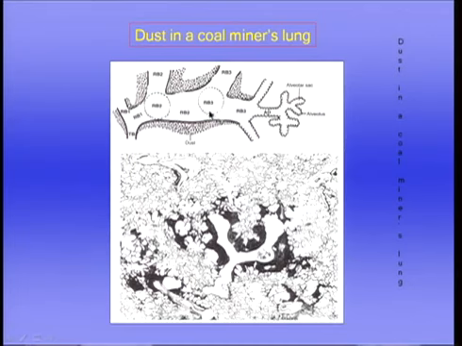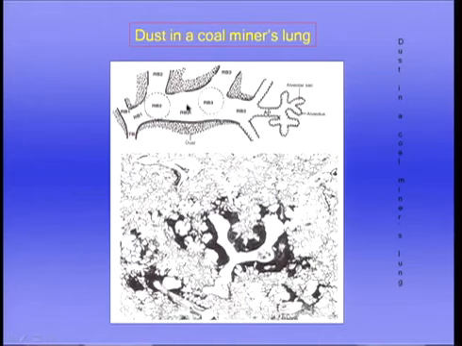The reason for this, as I said before, is that the coal dust is sufficiently massive that it can't diffuse peripherally here, and so it deposits in this region. That's very important because we believe that in bronchitis, inflammation of the airways, the first changes take place in these small airways here, and this is because of the deposition of the pollutants.